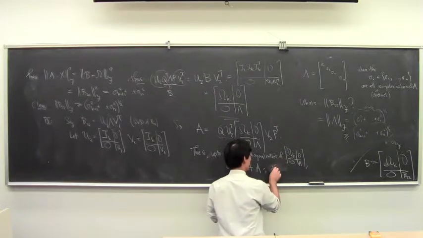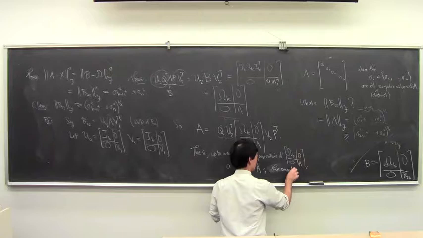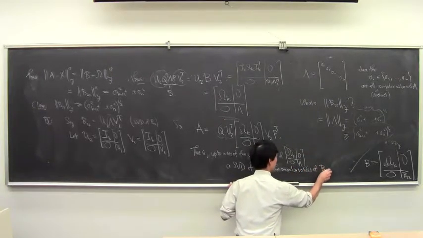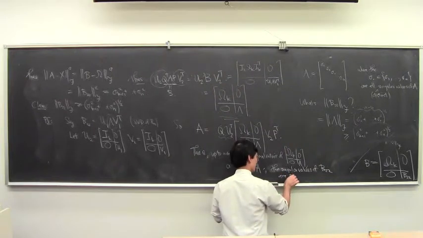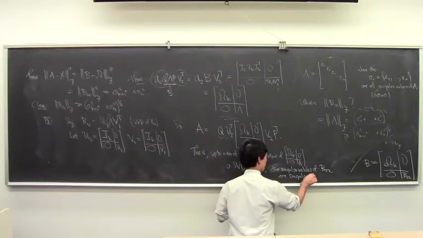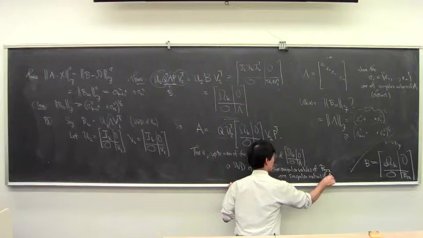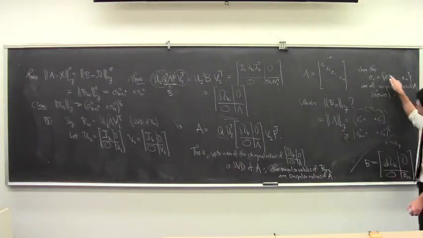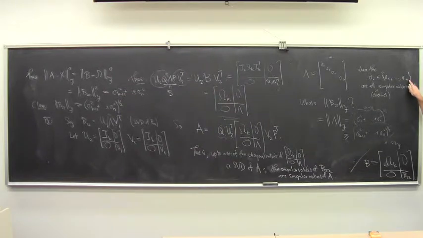So all these guys in lambda have to be singular values of A, and that's what gives it.